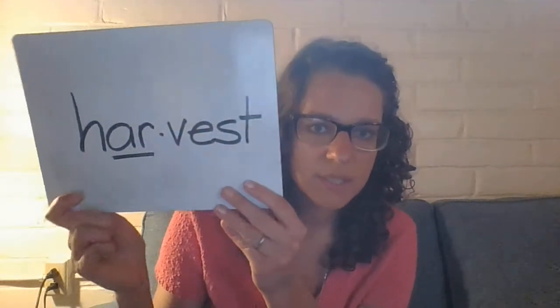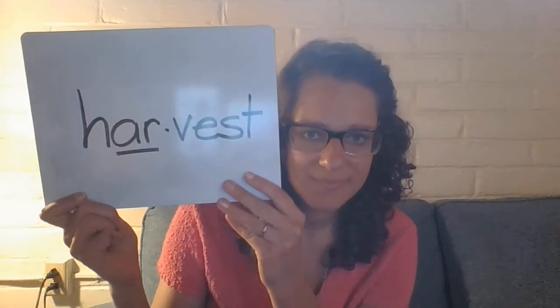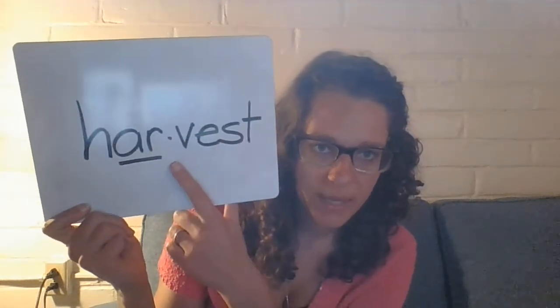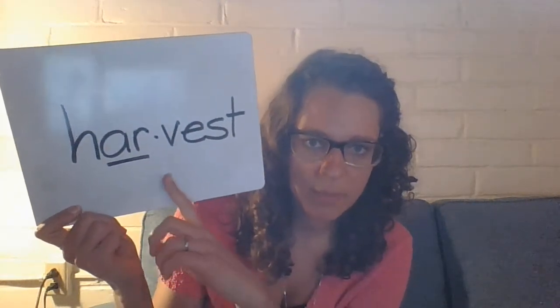What's the word? Okay, make sure you check and see how many syllables that is. So you can do your syllable marking, say the sounds while you write it, and mark it. Alright, this is what our harvest should look like. If you forgot the syllable marking, then rewrite it with the syllable marking in there.